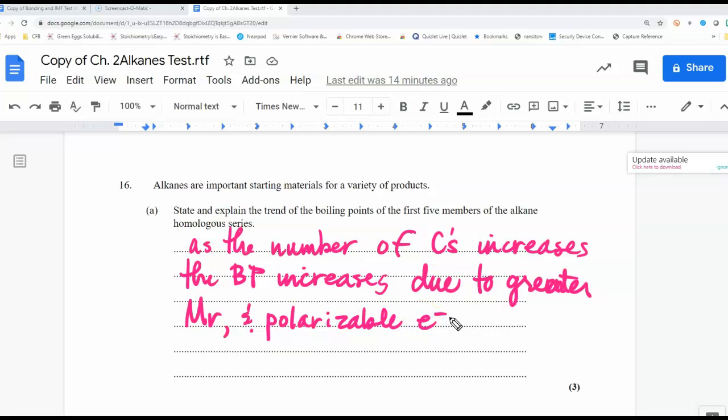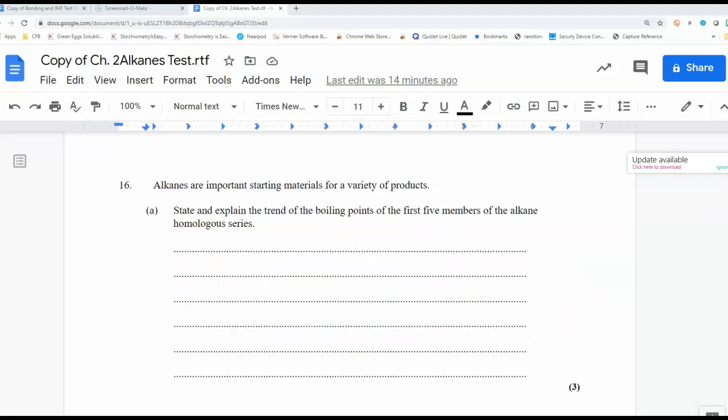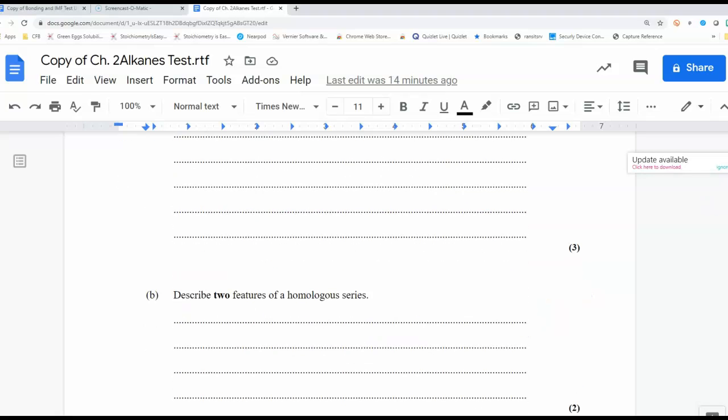That pretty much covers it there. Okay. You could also say greater London dispersion forces. That could be added as well. Okay. There we go. All right.